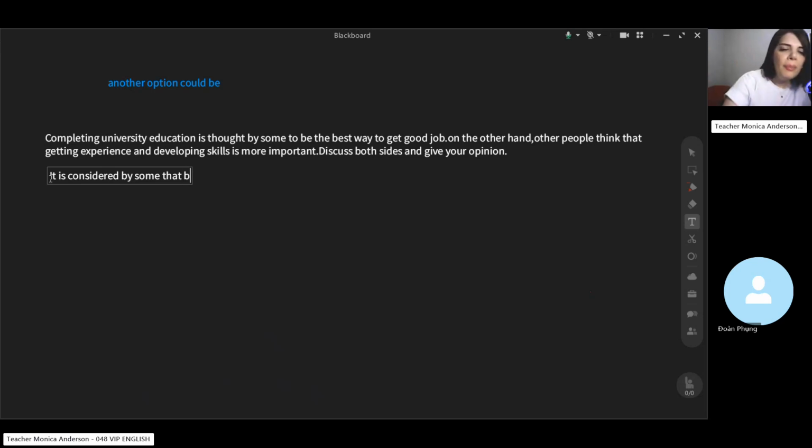So being a university graduate is the best way. The best way is the key to what? To get a good job. Maybe it's secure, okay? So if you do this, you definitely can say to securing a good job. To make it secure, so it will be definite.